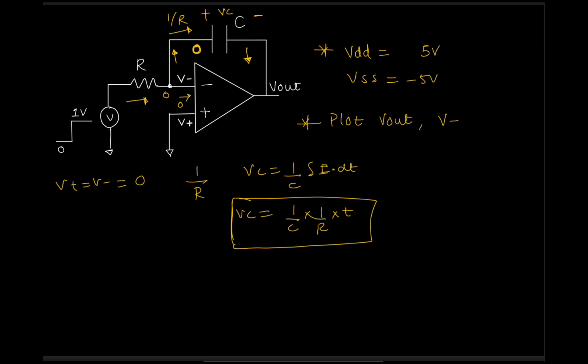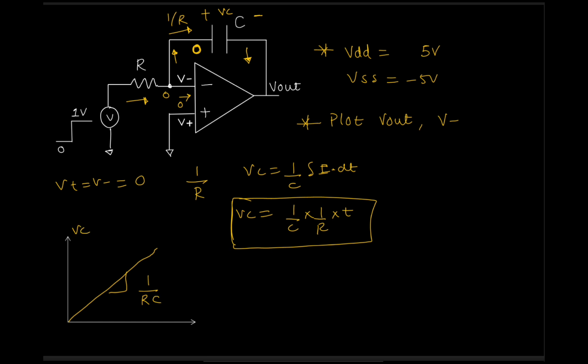Okay, so the VC will increase linearly with a slope of 1 by RC.